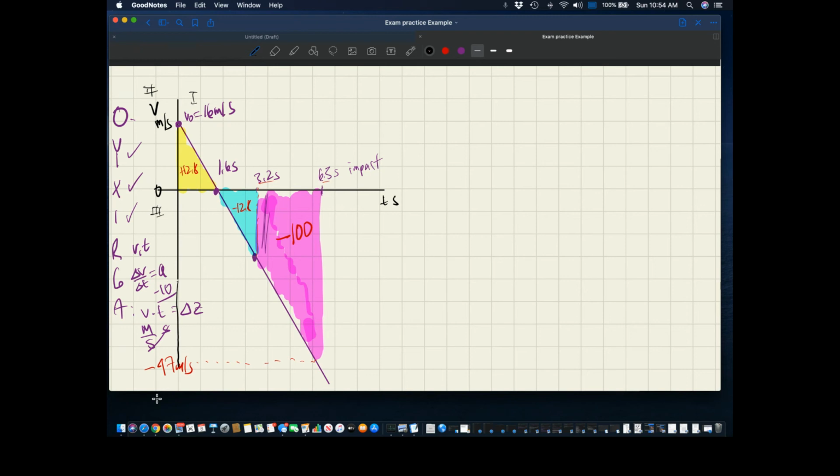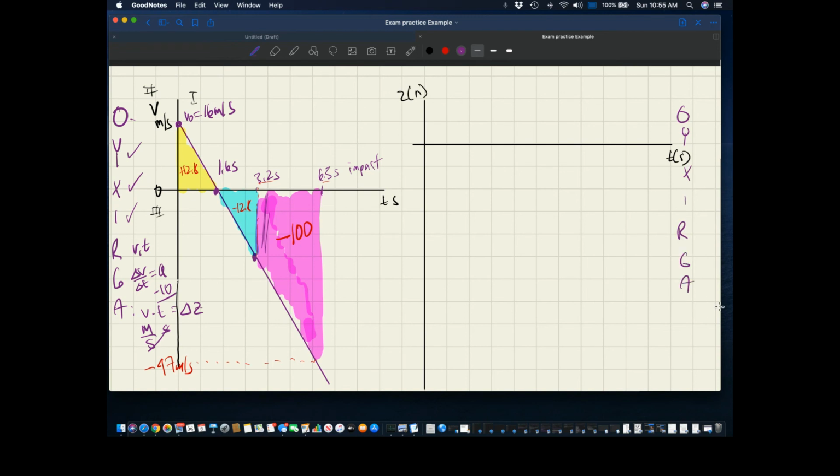Now let's look at a ZT graph. So we have our time in seconds. We have our position Z in meters. And if we do our OYXIRGA over here, I'll write it in the margin, OYXIRGA.